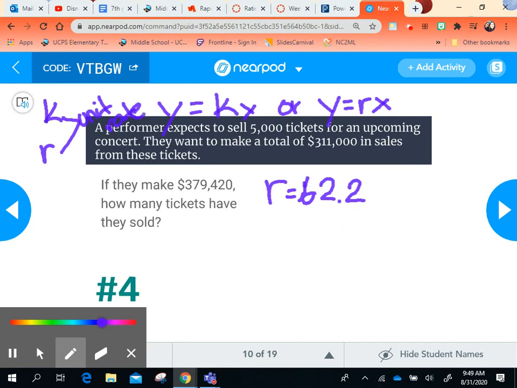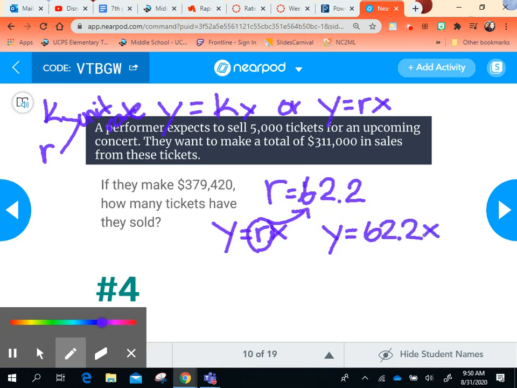Okay, so now that we have this written down, we're going to use it to fill it in with our unit rate. So if I were to ask you, what is the equation of this problem? All I'm going to do is take this equation, take out that R, and replace it with my unit rate. So it turns into y equals 62.2x.